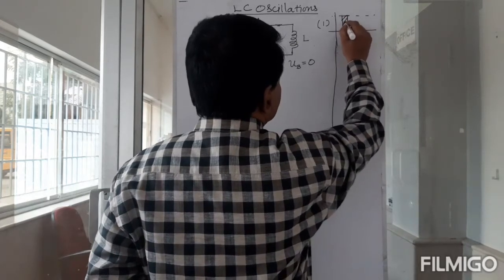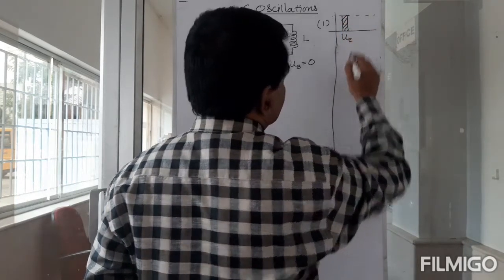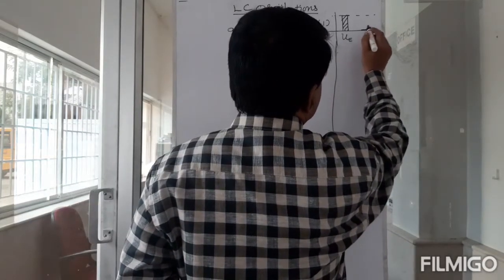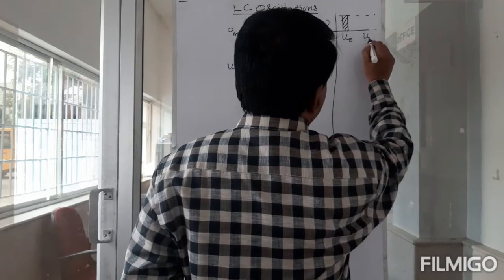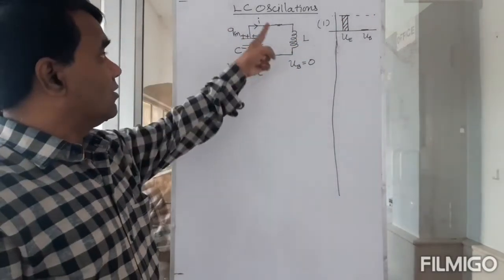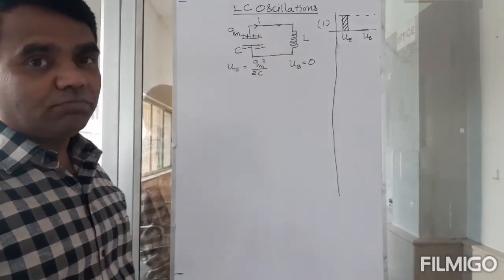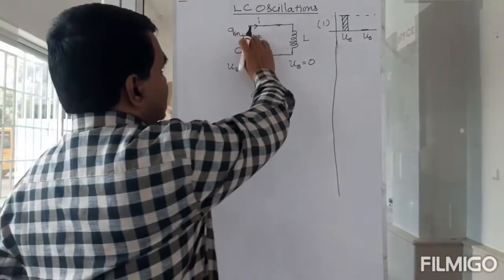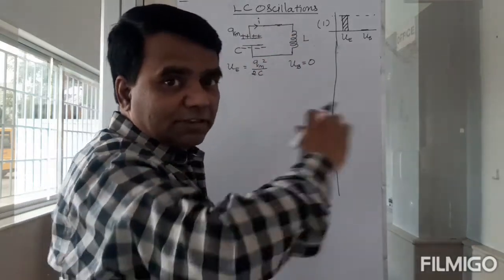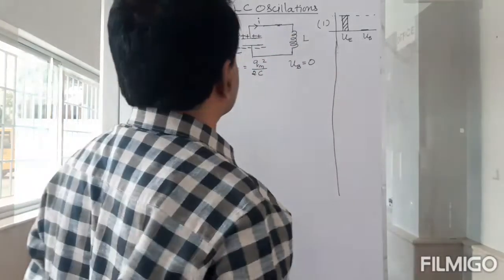So all the energy is electrical. This is your UB, but that is 0. There is no energy in this. Now it starts discharging. So the current will start building up from 0 to some other value. It will start increasing.